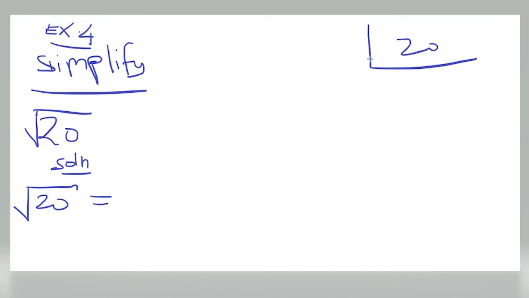Okay, you can know the factors of 20. By 2 it is 10. Then by 2 it is 5. Then by 5 it is 1. Therefore it is 2, 2, 5. Therefore this one is equal to 2 times 2 times 5.